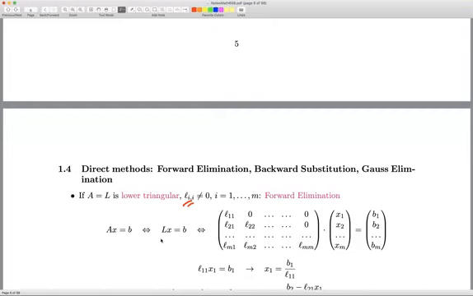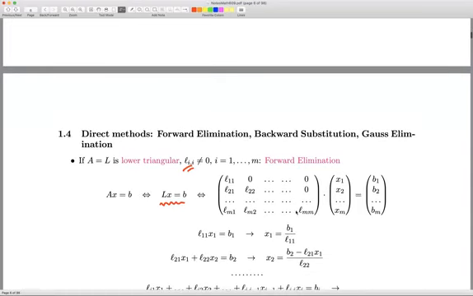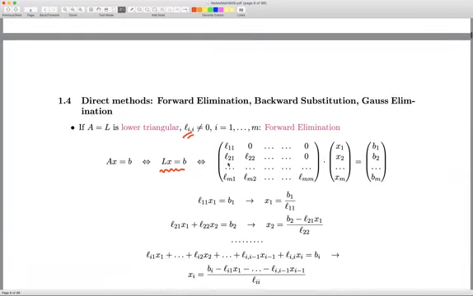And so once we write the system AX equals B, which is the same as writing LX equals B, with L a lower triangular matrix, we see that the first equation, which is this row multiplied by the vector X, gives me L11 x1 equals B1.